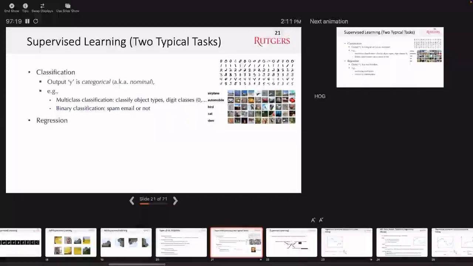This is multi-class classification. An even simpler form is binary classification, where you only have two classes. For example, in a spam filter, you try to classify if an email is spam or not. This is only a binary classification problem.